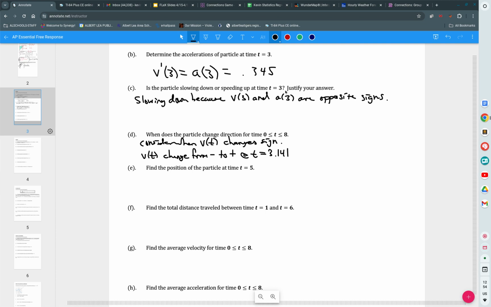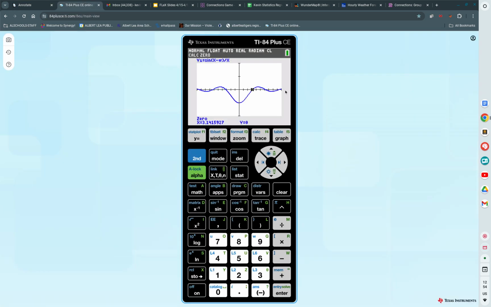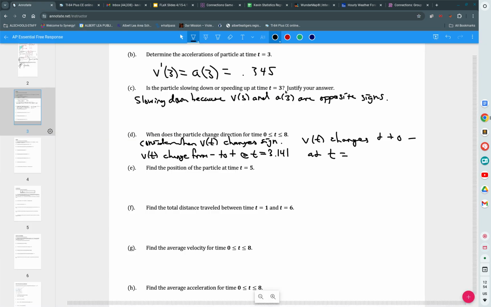This is exactly what they want you to write. v of t changes from positive to negative at time equals, so now I'm going to look here, second calculate, number 2, enter, enter, enter, and I get 6.283. So it looks like at pi and at 2 pi it changes sign. Very clear on that?